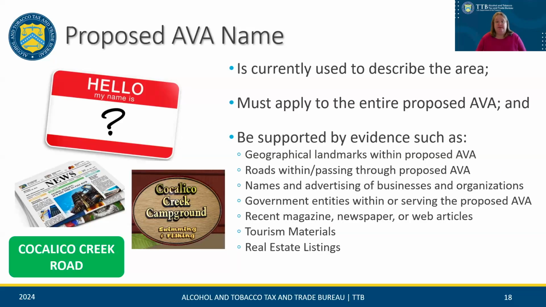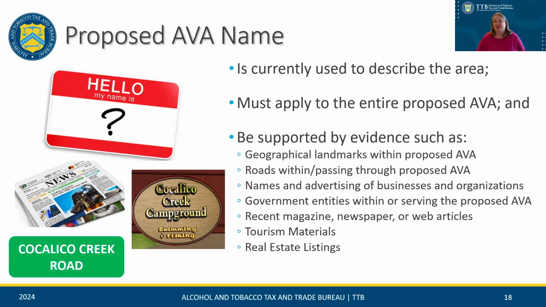The next part of the petition that we will talk about is the proposed AVA name. You'll need to provide evidence that the name is currently used to describe the area. Your proposed name must also apply to the entire proposed AVA.